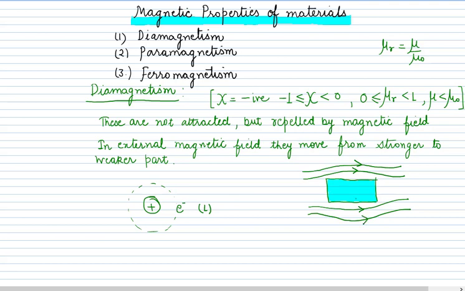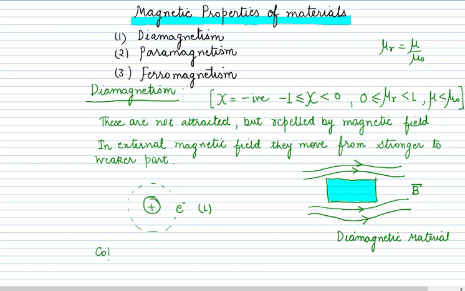This is how we show any diamagnetic material. Whenever these are kept in the external magnetic field, these are the magnetic field lines, and they are repelled by this diamagnetic material. And there are many examples of diamagnetic material.